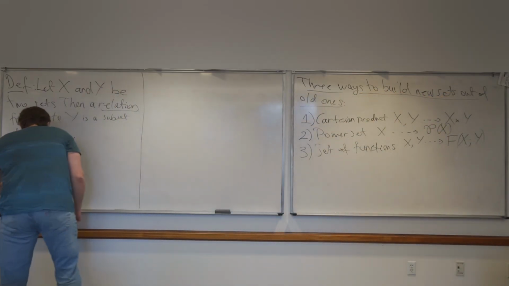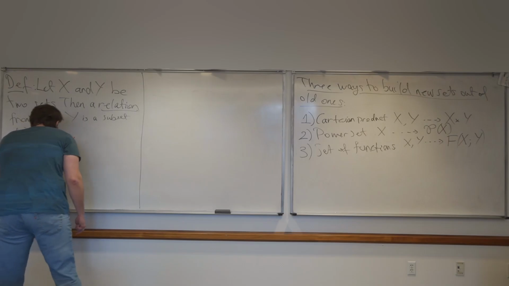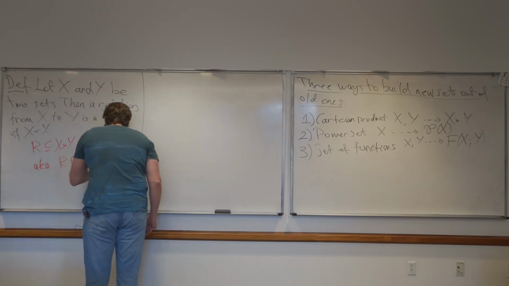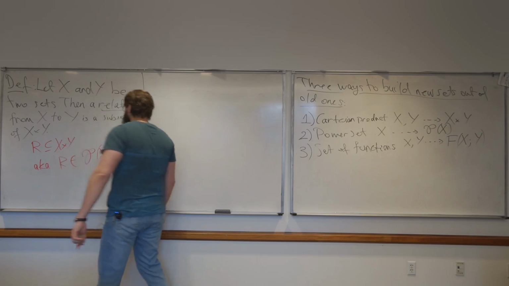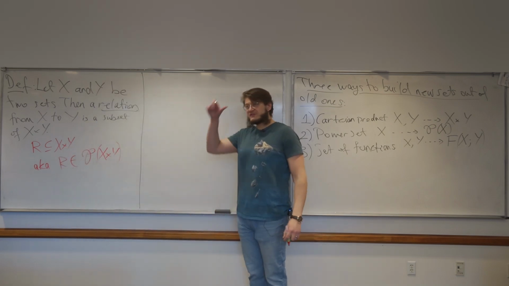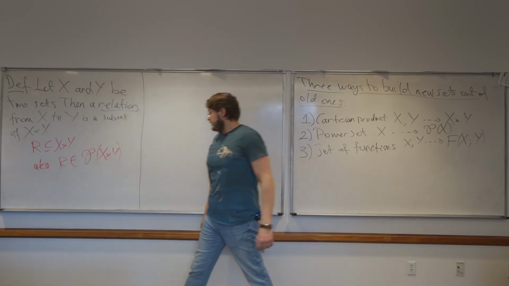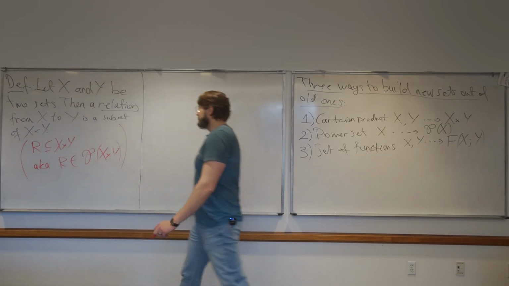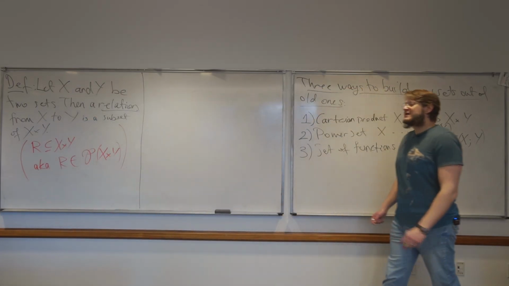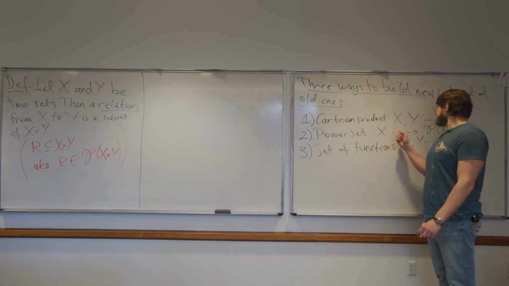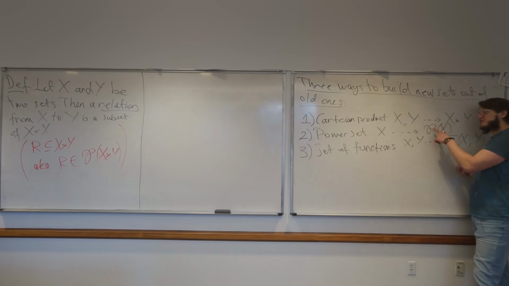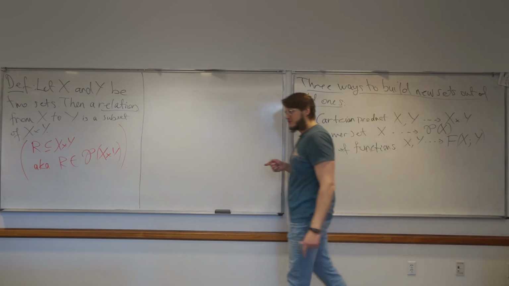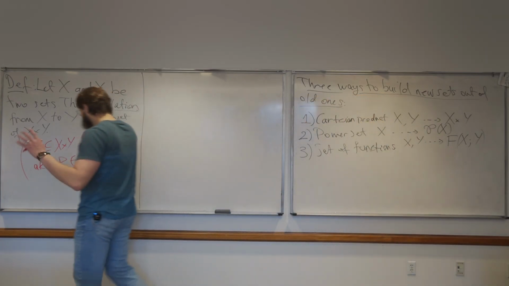I could also write R is an element of the powerset of X times Y. These are all the same things. Okay. By the way, once we start talking about integral calculus, we're going to start looking into P applied to itself. So we're going to look at P of P of X. Okay, we'll get there later.